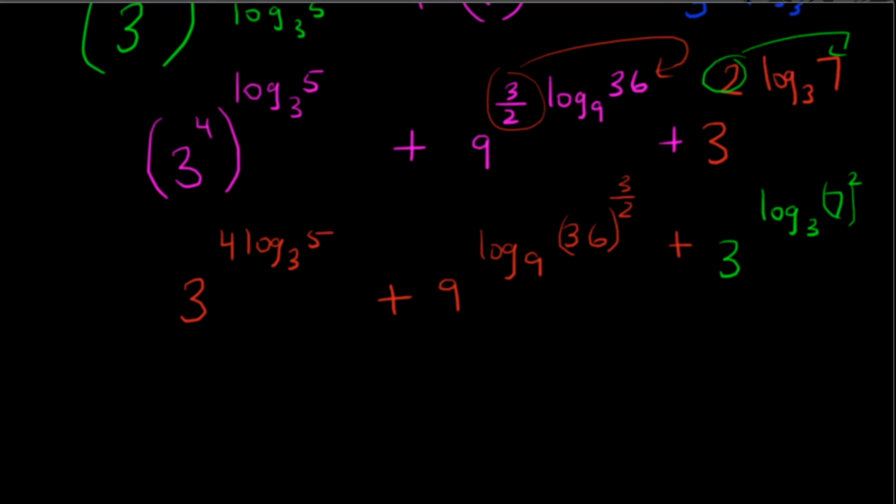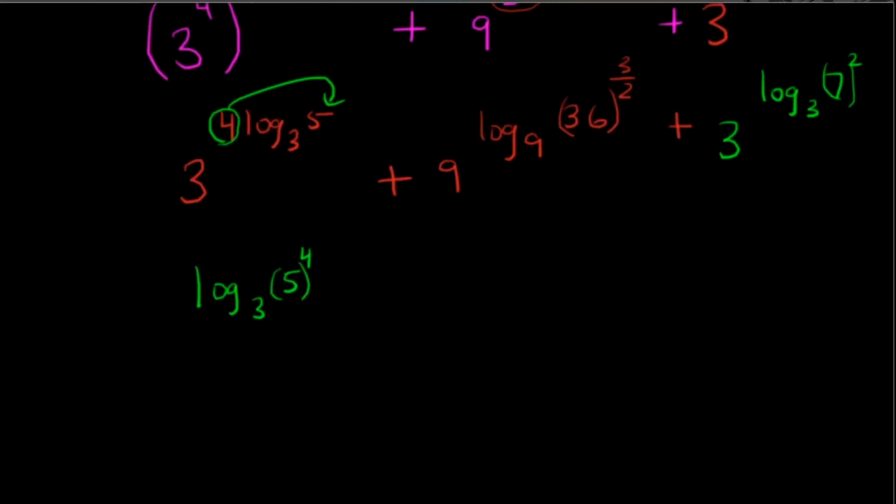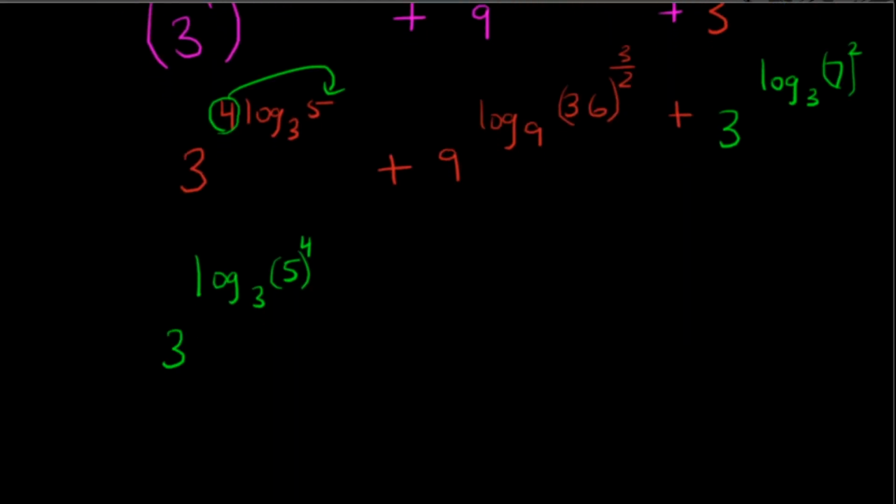Okay, and then if you look at the first term, this 4 will be the exponent of 5. So the exponent would be log base 3 of 5 to the 4th. And because I have the 9 and the 9s here, those are going to cancel, and I'm going to be left with 36 to the 3 halves power. And the last term, the 3's and the 3's are the same, so that cancels, and I'm left with 7 squared.